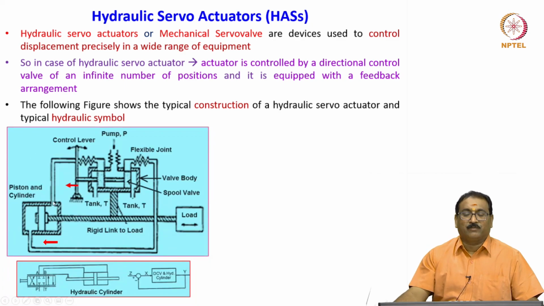Let us see here, friends. Though so many items are there, it is very simple. Please remember this is very important: the valve body with the spool, and then this is an actuator, a piston and cylinder actuator. I will tell you all these things, no need to worry.